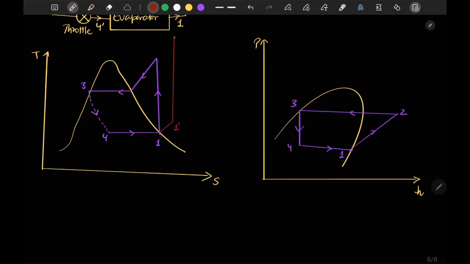This is the constant pressure line, so this is point 2 dash, and of course this is the original point 2. Then the liquid at exit will be subcooled, so at 3 it will be subcooled to point 3 dash, and from 3 dash to point 4 dash it will be throttled.